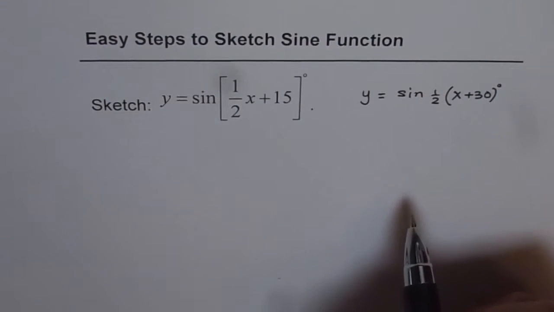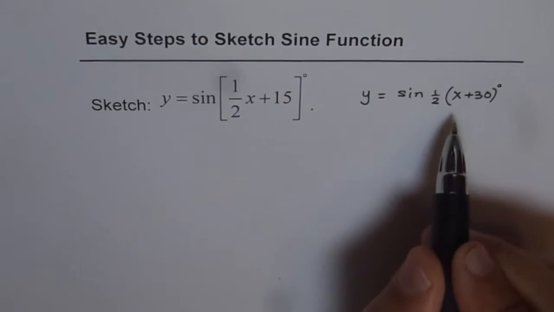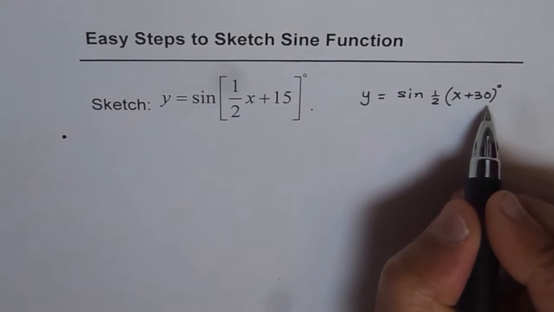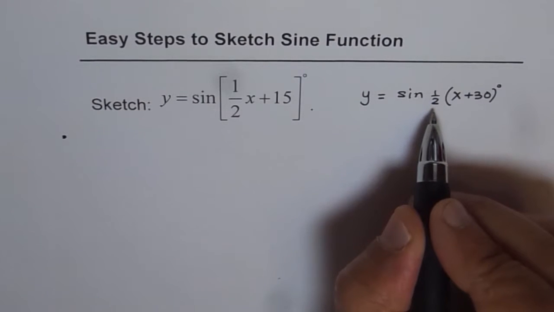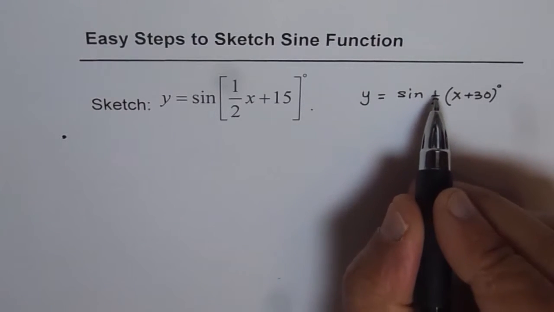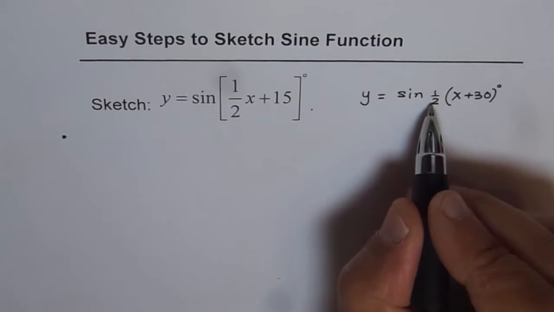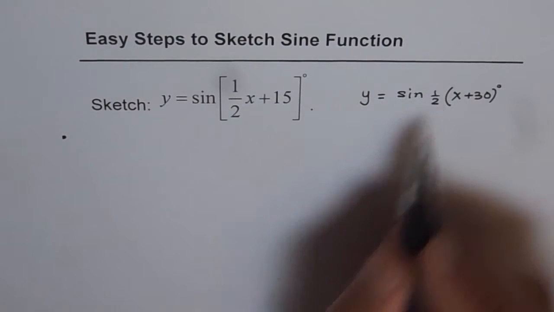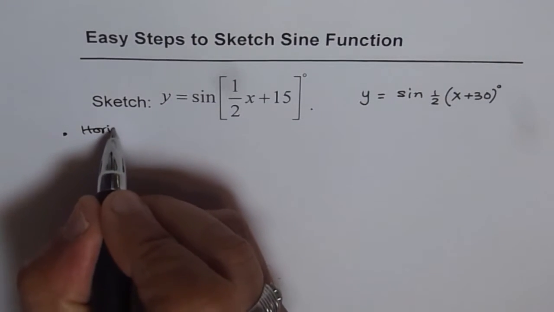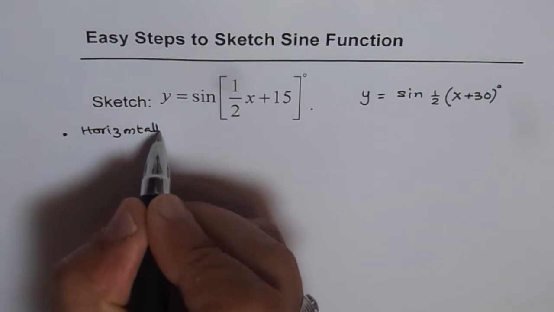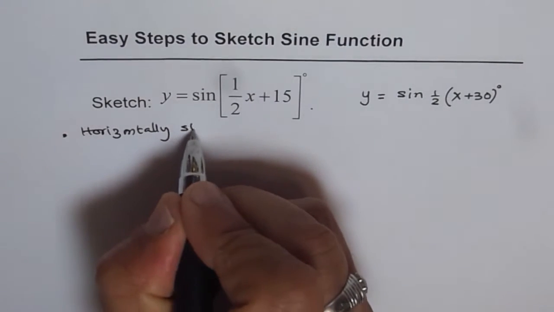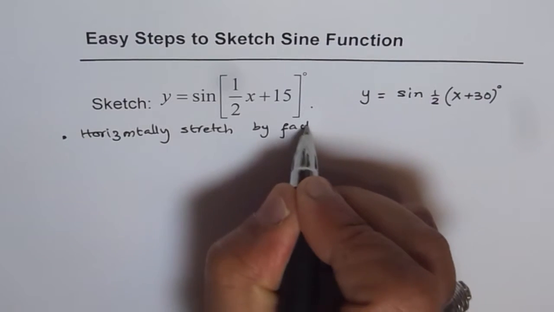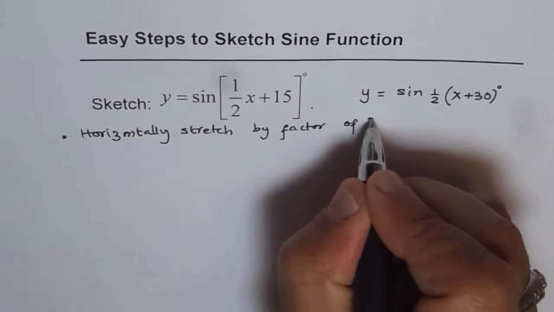to left, right? So first let's understand what the transformations are. There are two transformations, both are horizontal. One is affecting the time period, which is there is half wave in 360. So one is time period. So we'll say horizontally it is stretch by factor of 2, right?